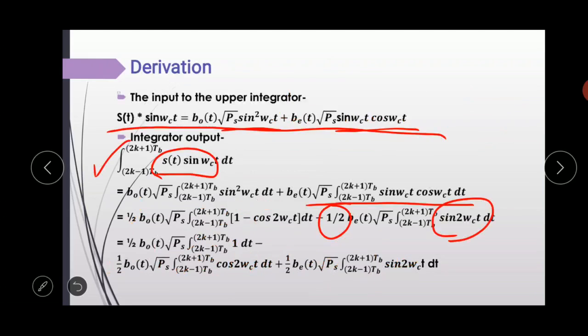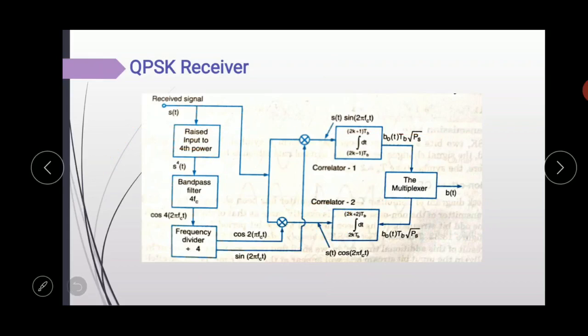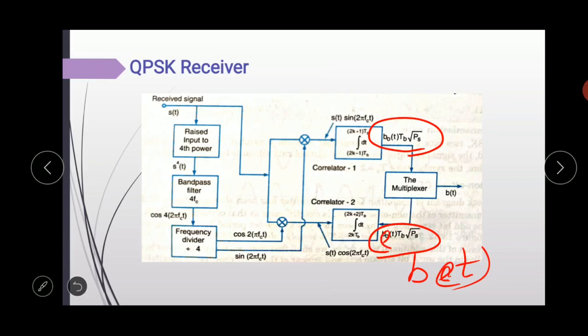So this one is the diagram. Thus at the output of the two integrators we obtain the bit streams b0 of t and be of t. This one is b0 of t tb root ps, and this one is be of t tb root ps.